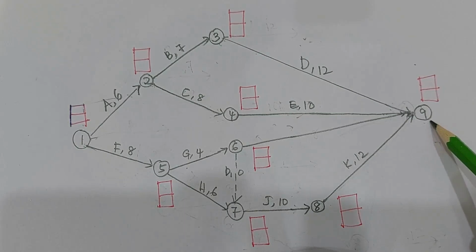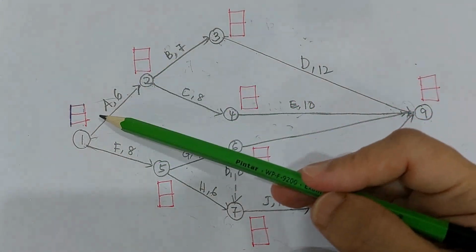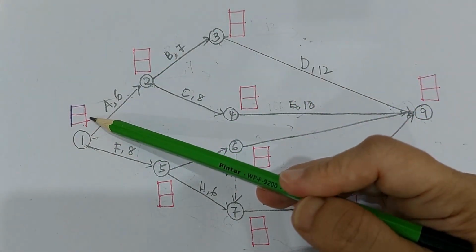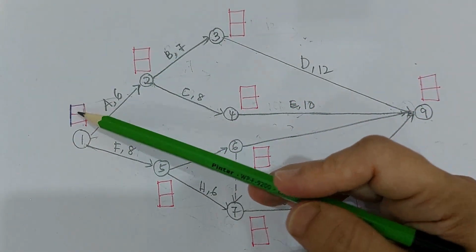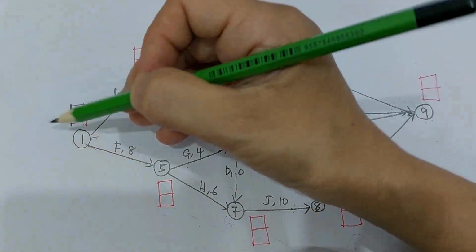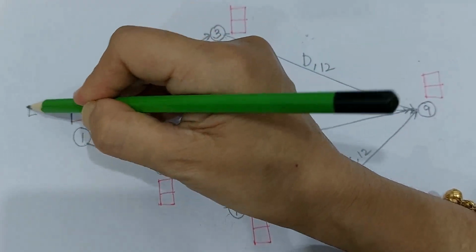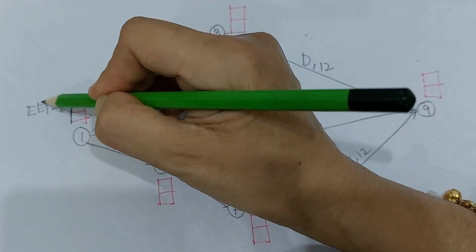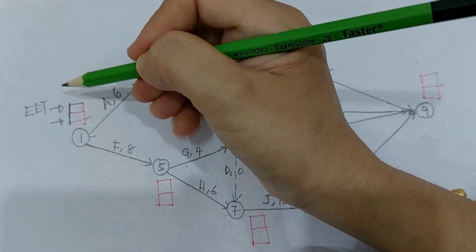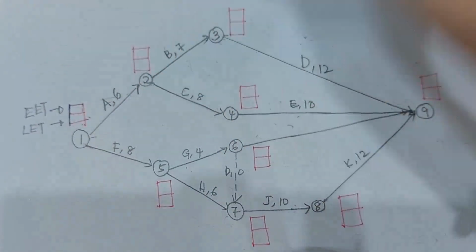So my approach is I will calculate and just write the answers for every event in the box here. Okay, ini cara saya. Saya letakkan box for every event, so the answers are in the box. Up here in the box, the top part of the box is for the EET calculation, and the bottom of the box is referring to the LET answers.